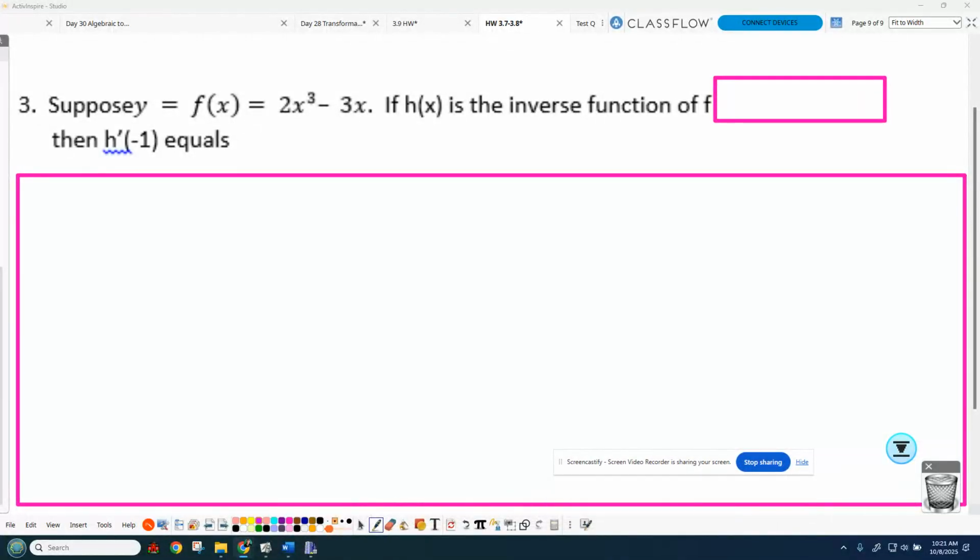So, tomorrow's test is non-calculator. This question needs a calculator. So, get some kind of device. You can use Desmos or your calculator.